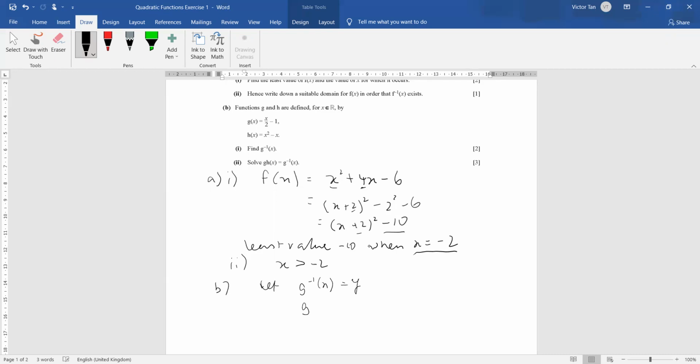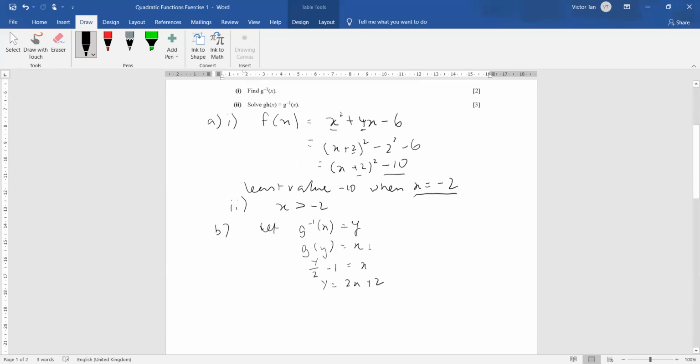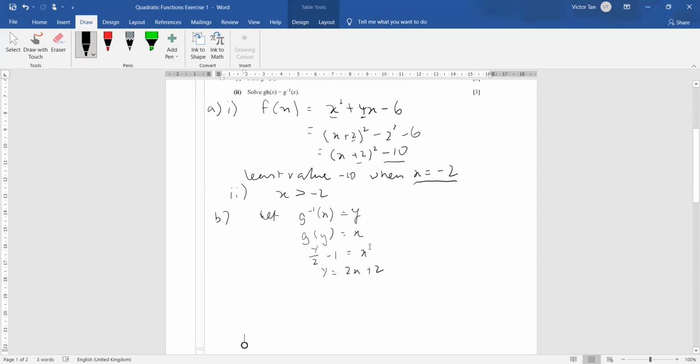So g(y) will be equal to x. So y over 2 minus 1 equals x. So y equals 2x plus 2. Since y is the inverse function of x, the inverse function of g will be 2x plus 2. Okay.